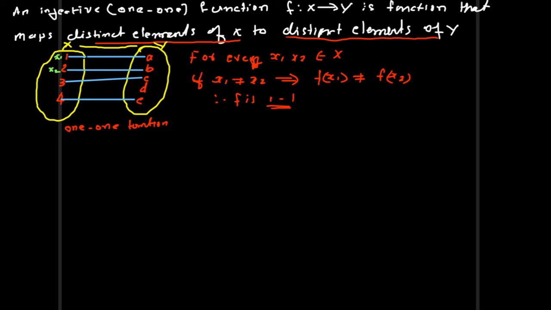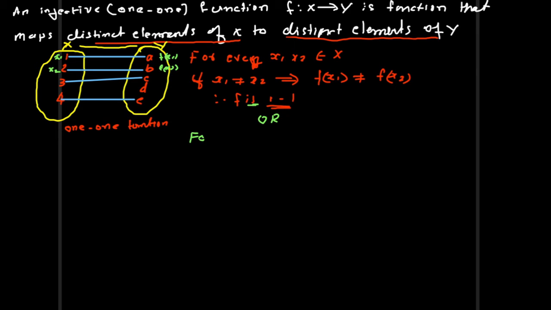Then f of x1 is a, f of x2 is b. Therefore x1 not equal to x2, then f of x1 is not equal to f of x2. So in this case distinct elements have distinct images, so therefore this is a 1-1 function.